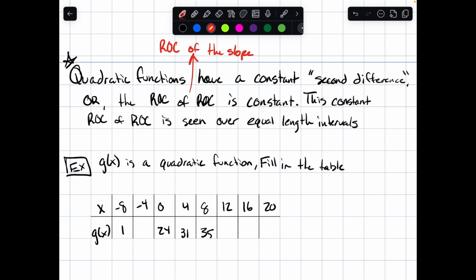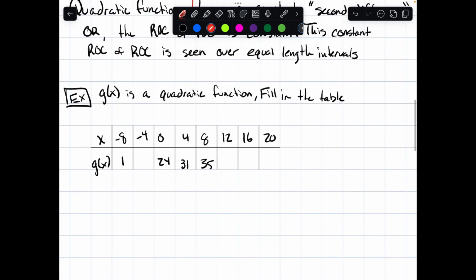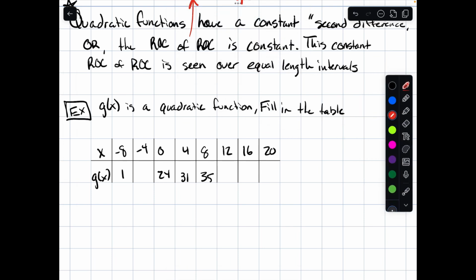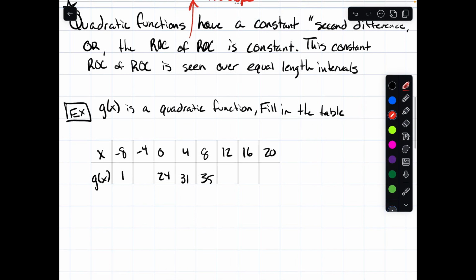There's so many different problems that are built around this idea. It tells us that this function is a quadratic function, and what we need to do is fill in the table. It's going to look weird the first time around, but we're going to understand what's going on afterwards. What we're going to analyze is the rate of change.